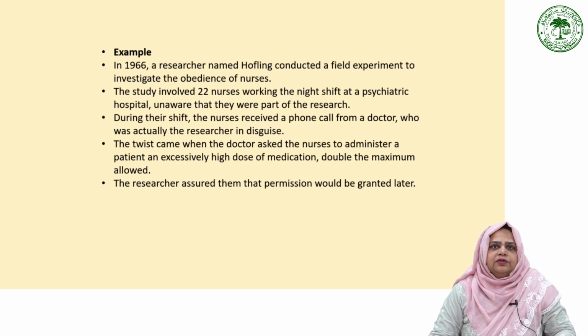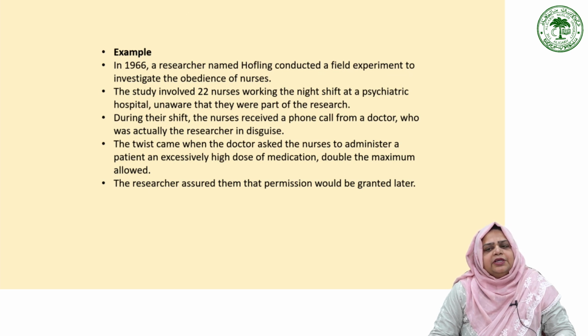The main objective of this field experiment was to determine whether individuals would adhere to rules and obey figures of authority. The Hofling study serves as an example of a field experiment because it was conducted in a real life setting rather than a controlled laboratory experiment.